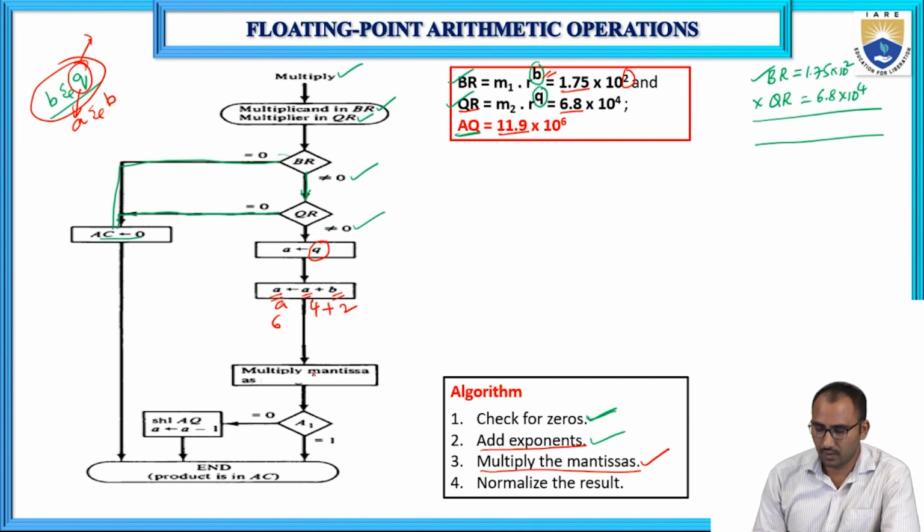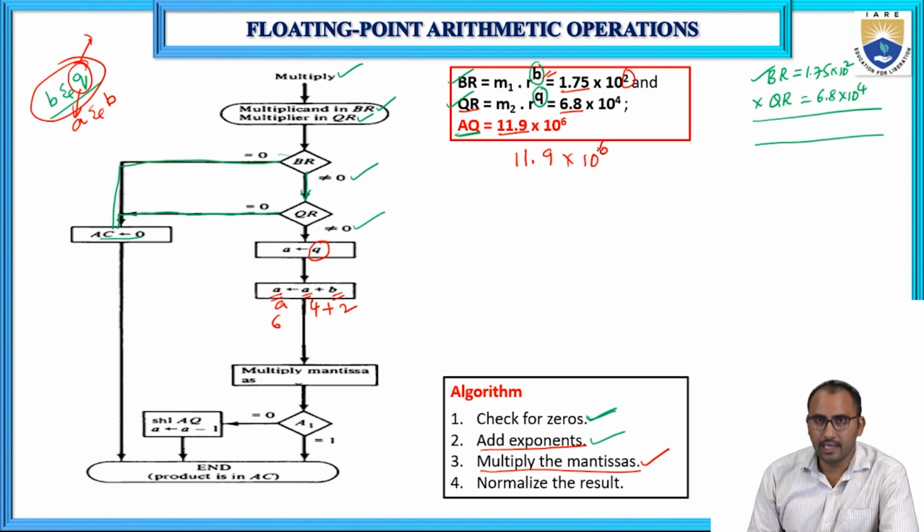Okay. Now we are checking A1. Is there any underflow? Suppose the result is 11.9 into 10 power 6. But in multiplication there may be a chance of getting underflow.